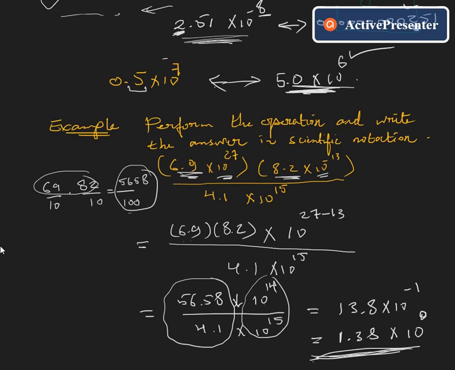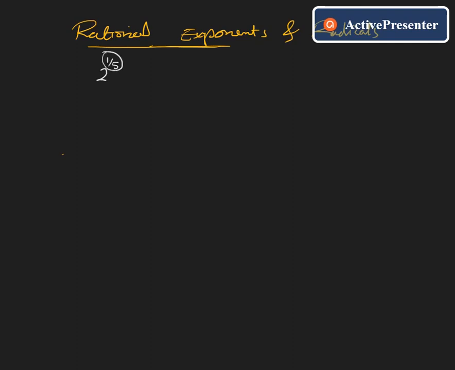Okay. Now let's discuss the rational exponents and radical. What do we mean by rational exponents? If we have 2 to the power 1 over 5, here we have a rational number, so this is a rational exponent. How to deal with that and what operations we are going to make using these rational exponents?